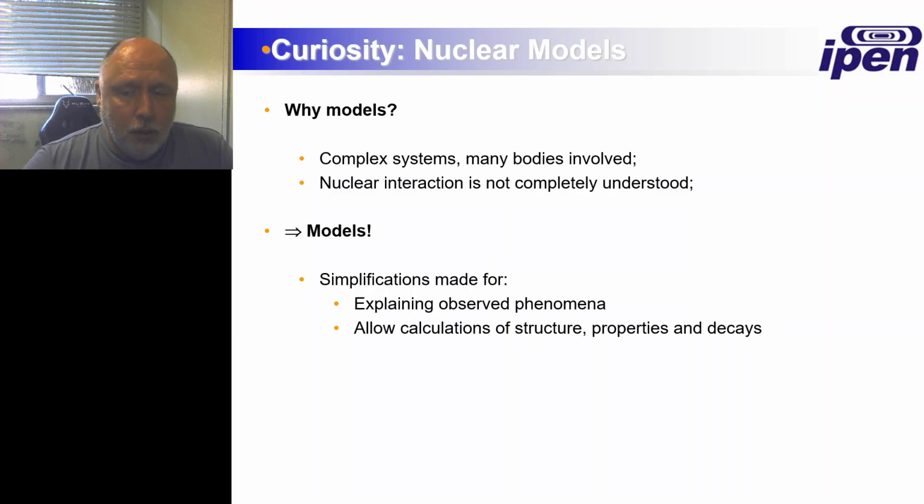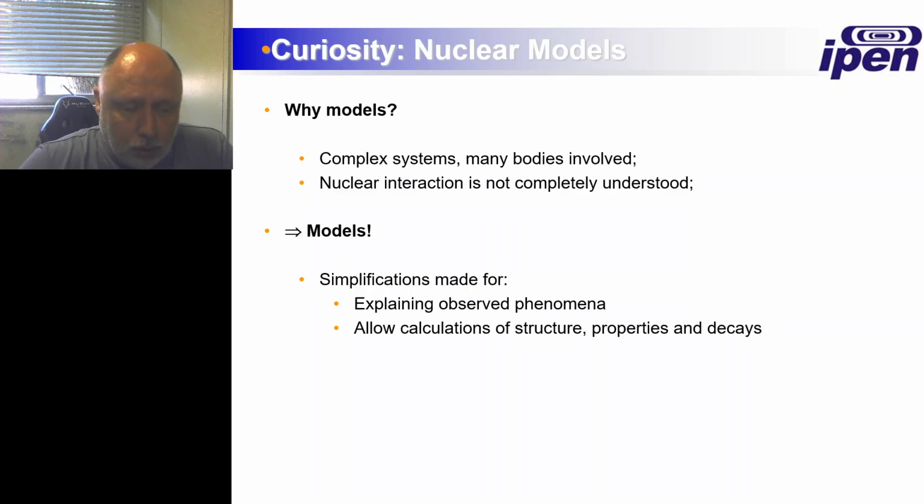In nuclei, things get worse because we do not completely understand what the nuclear interaction is. We have ideas, we have some models, and we know it's a very complicated thing. So if we want to understand how the nucleus is inside, we do need models.